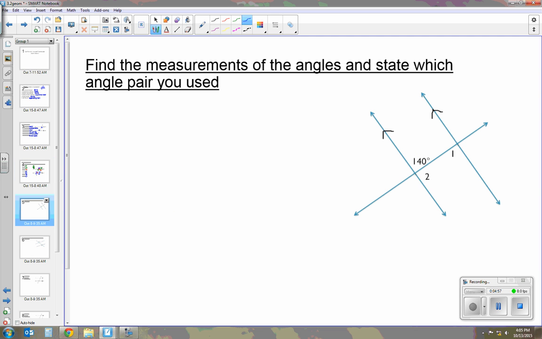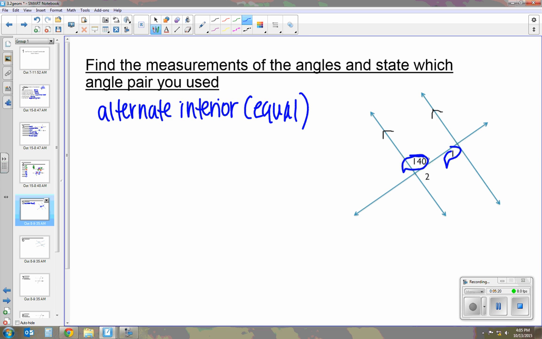Okay, so next up, same thing, just less information, or I'm finding fewer angles. It says find the measurements of the angles and state which angle pair you used. Well, let's use 140 and 1. That angle pair is alternate interior, and I know that alternate interior angles are equal. So if they're equal, the measure of angle 1 is 140 degrees.